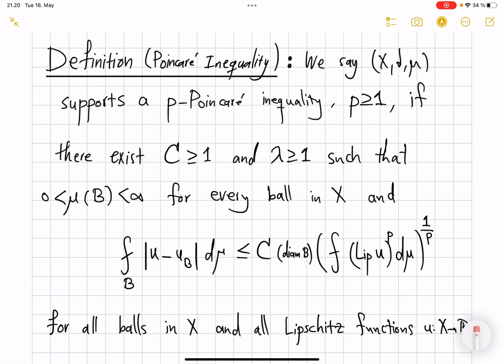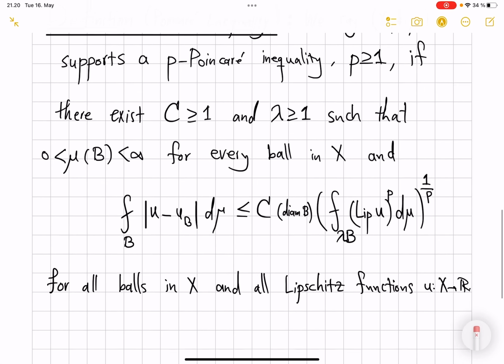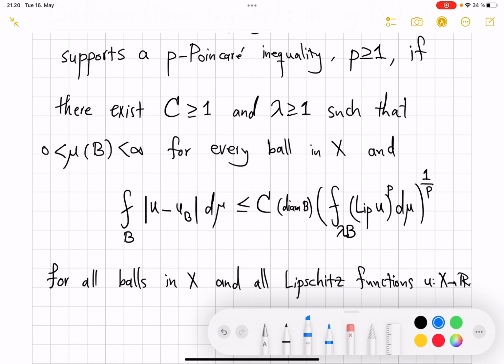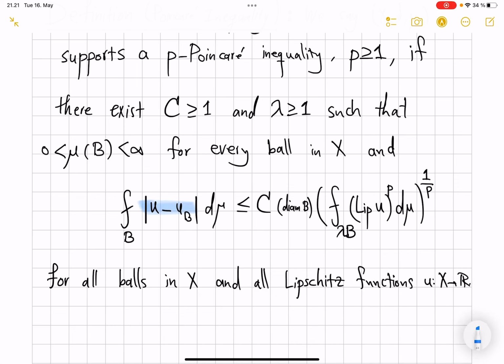Okay, so sorry, this lambda does not appear. So this is lambda times B. So you are helping this side by enlarging the ball by lambda, because lambda is bigger than or equal to 1. Okay, so the key notion again here is that the average oscillations of function are bounded by the integral of the gradient.